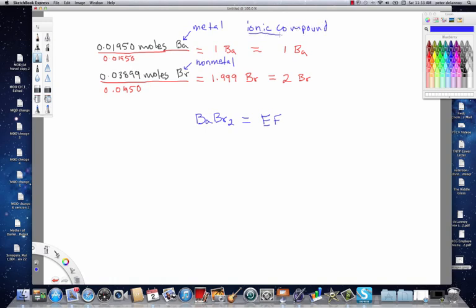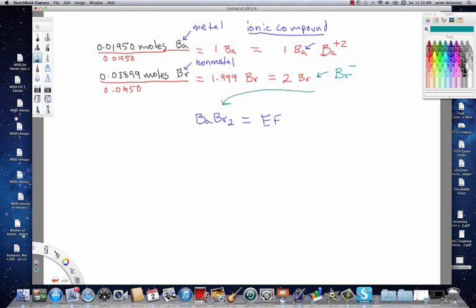And if you're with it, you realize that barium is a group 2 cation, so its formula when it ionizes is going to be Ba+2. And the bromine is out of group 7, and when it ionizes it forms bromide, or a -1 anion. And when these two things combine, it has to combine in the formula that we've got here.